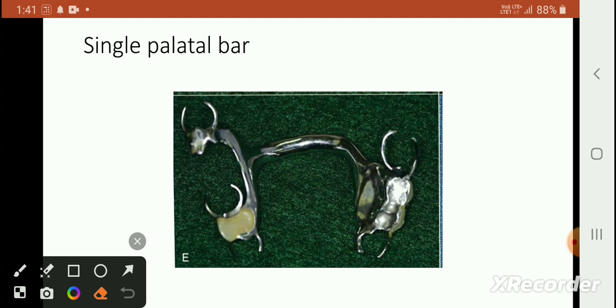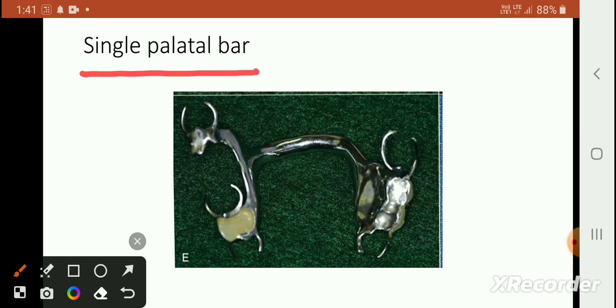It is least desirable, least logical, and not indicated otherwise. Only then is the single palatal bar considered. Otherwise we don't give this major connector.